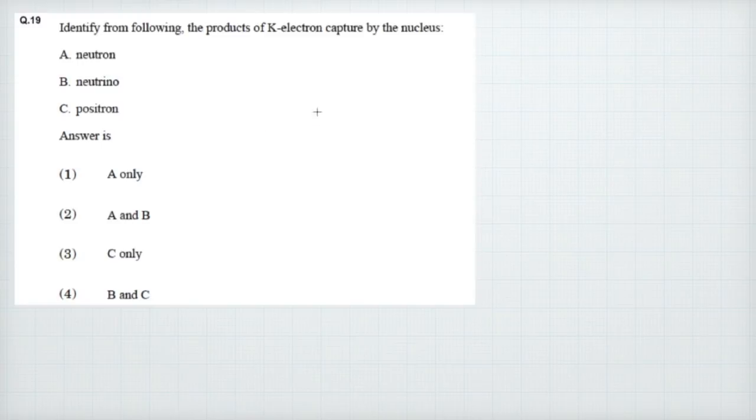So what actually happens is that the proton is going to absorb that electron from the K shell. It can be from the K shell or also from the L shell. For the L shell it will be called L electron capture. Both processes are the same, it just depends upon which shell the electron is being absorbed from.